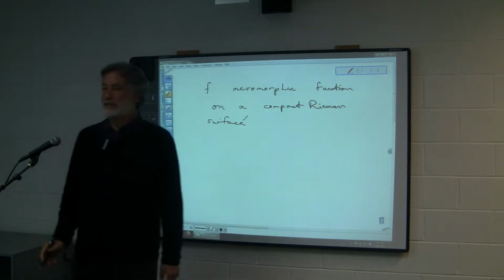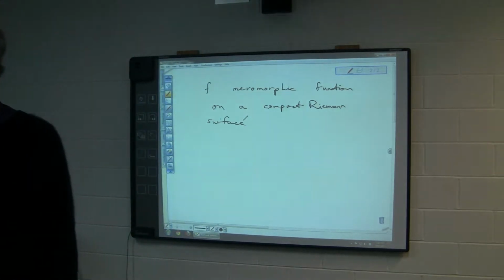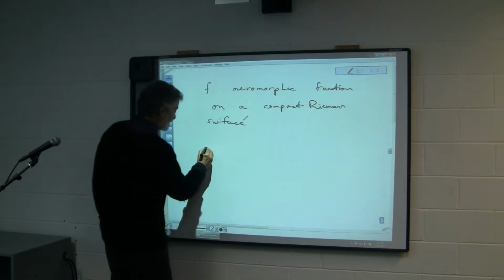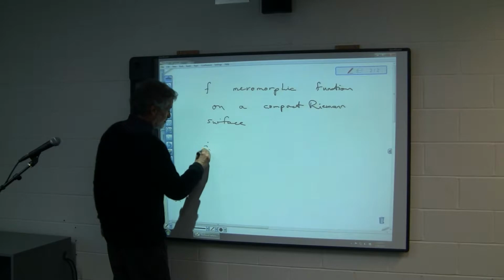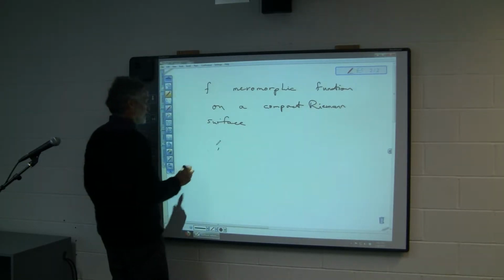So one way to get a meromorphic one-form is to look at d log f. What happened here? Oh, you probably pushed it. Okay.